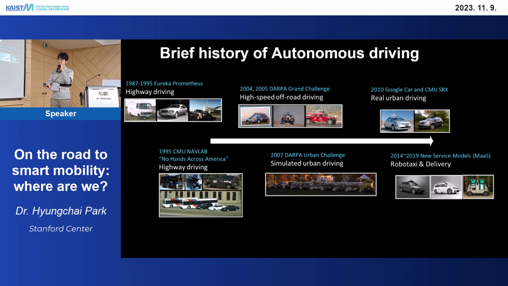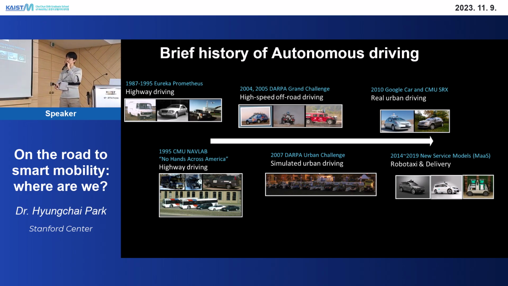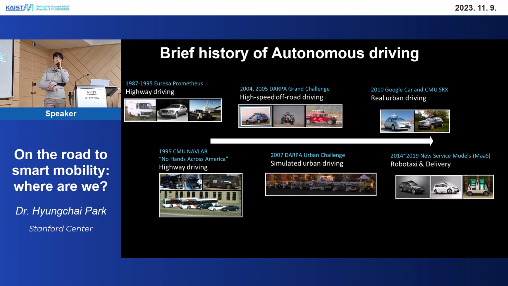Personally, bringing a person to the moon sounds unrealistic, but for some reason we think autonomous driving is very natural to us, even though we already sent a person to the moon and autonomous driving is not fully implemented yet. But still, autonomous driving is very familiar to human beings.